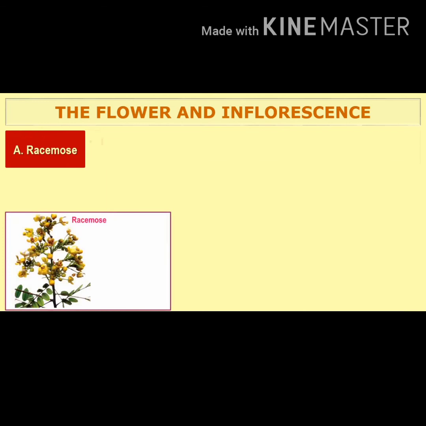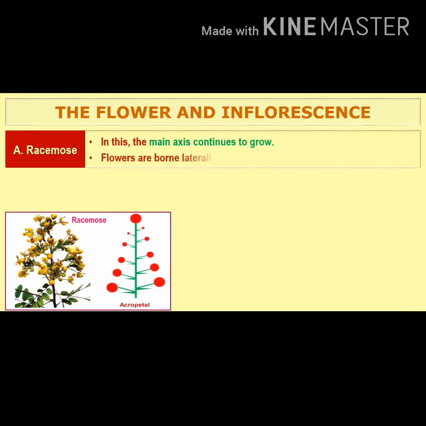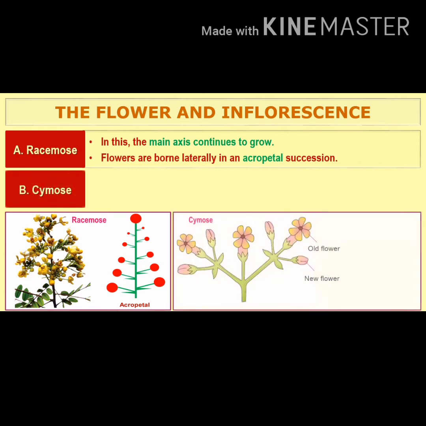In racemose type of inflorescence, the main axis continues to grow. It does not terminate in a flower. And here the flowers are borne laterally in acropetal succession. That is, older flowers can be seen at the base, young flowers can be seen at the top. This arrangement is called acropetal succession.